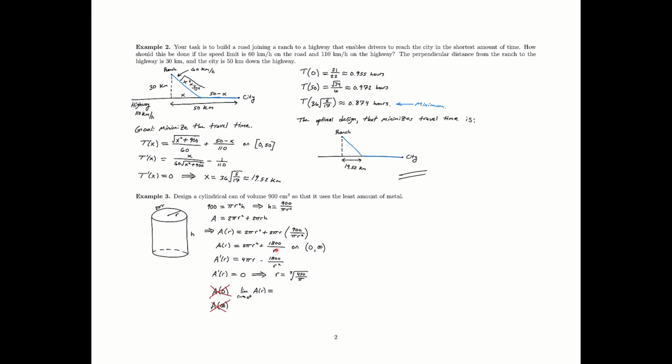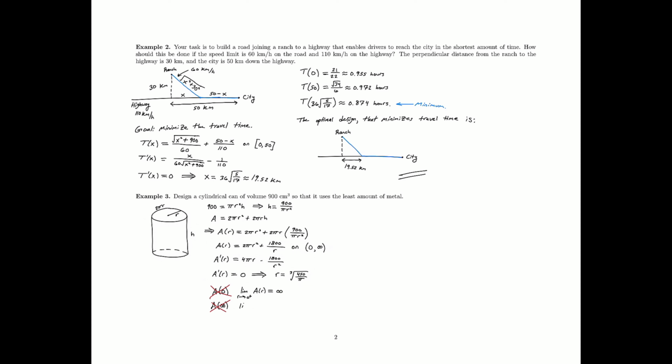But as r goes to 0 from the right, we're dividing 1800 by a smaller and smaller positive number. So something divided by a really, really small positive number is really, really big and positive. So this is going to go to positive infinity.